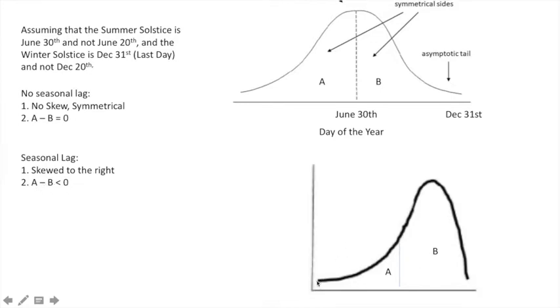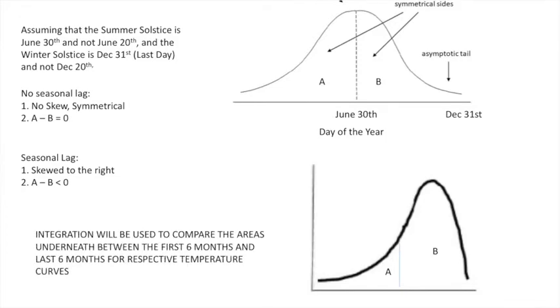As compared to a graph that is slightly skewed to the right, B will only be slightly larger than A, and we can put this in mathematical terms: A minus B will be a very small negative number. So the larger the difference between B and A, the larger the skew to the right, and therefore the more significant or extensive the seasonal lag is.